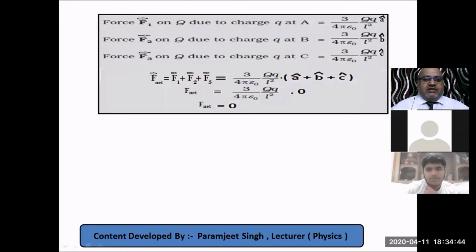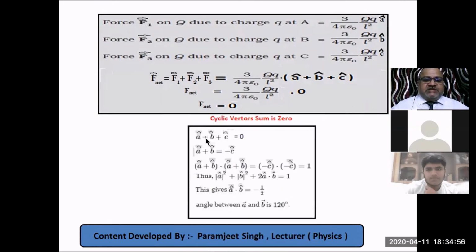Now here again, we go a little into the insight of the mathematics. This point I explain here. See this box. Students of biology, this is very easy. Just focus on it. Don't be afraid of vectors. A cap plus B cap plus C cap is 0. If I start from here, A cap plus B cap is equal to minus C cap.